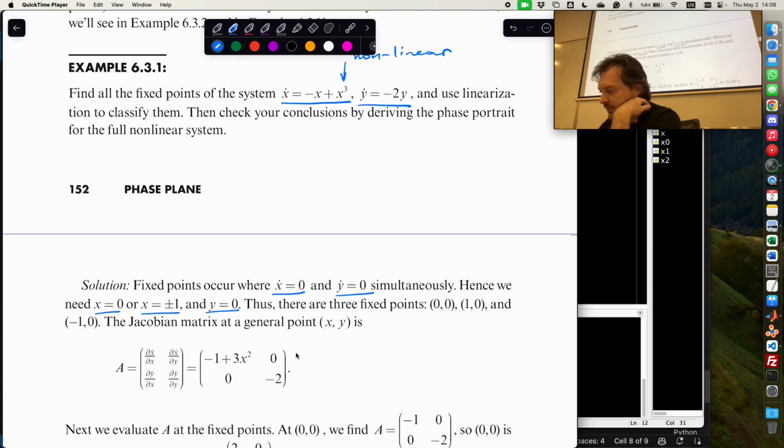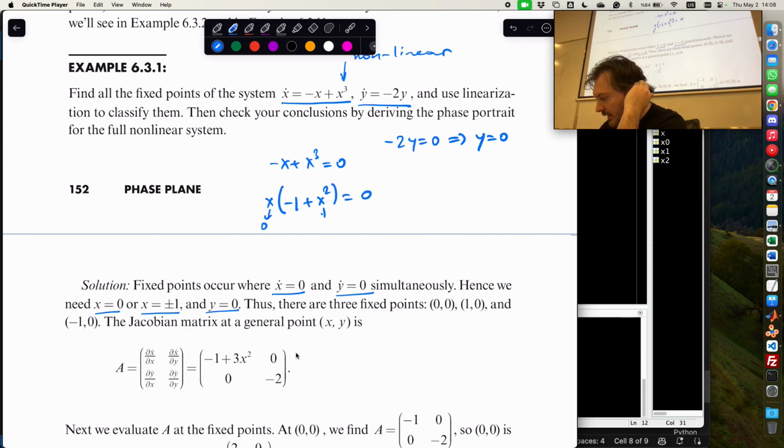Why? Because minus 2y equals 0 gives you y equals 0. Minus x plus x cubed equals 0 gives you x times (x squared minus 1) equals 0. So x could be 0, x could be plus minus 1. Is that right? So 3 fixed points: (0, 0), (1, 0), (minus 1, 0).